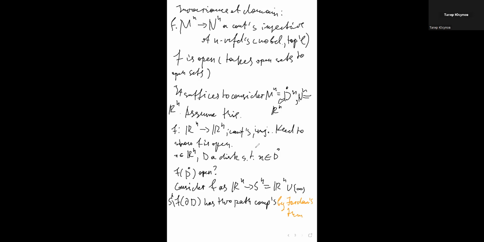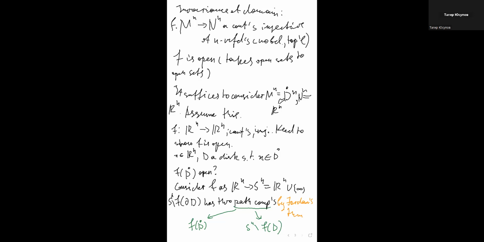Those path components are as follows. One is F of the interior of D, and the other one is Sn minus F of D. And both of those are open.